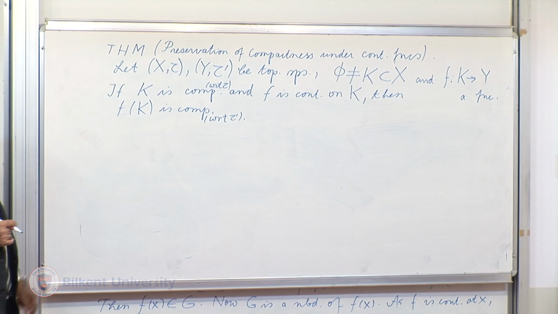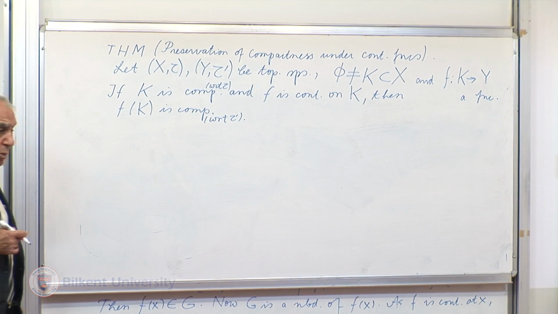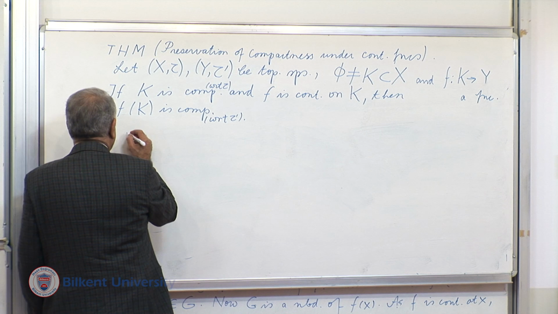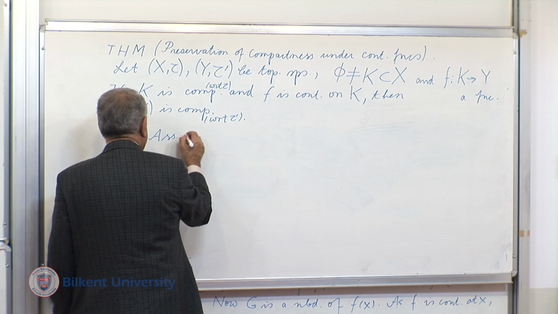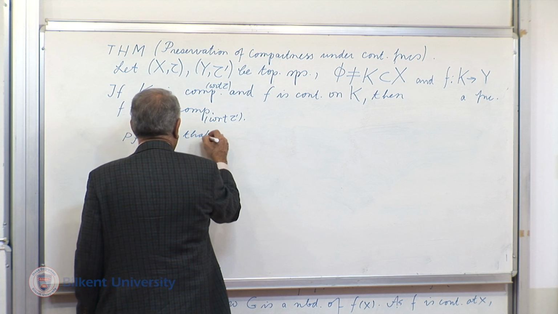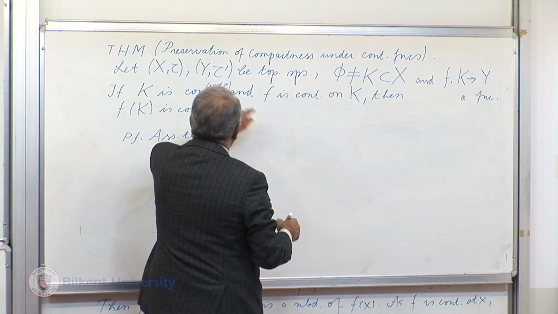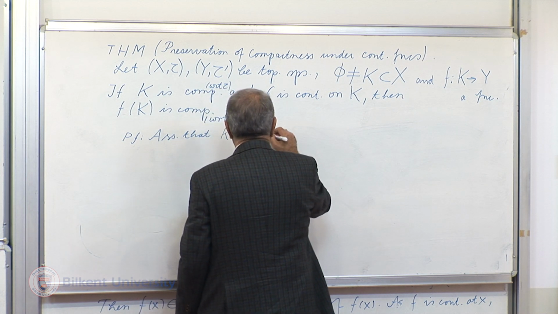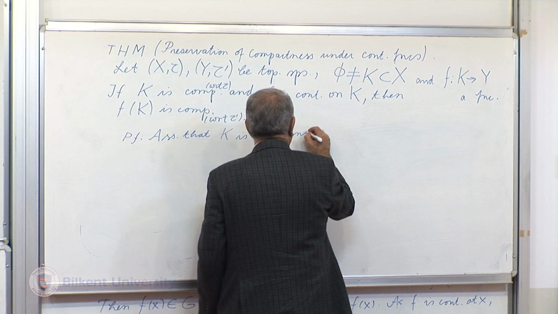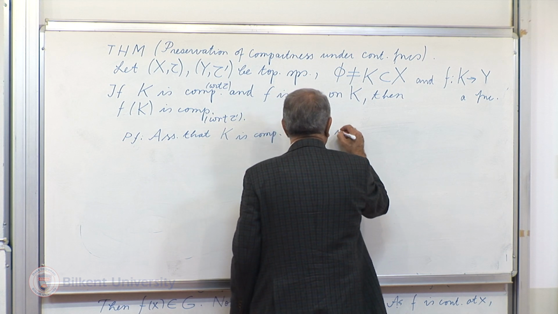Well, this will have a relatively simple proof. Assume that K is compact and f is continuous on K.